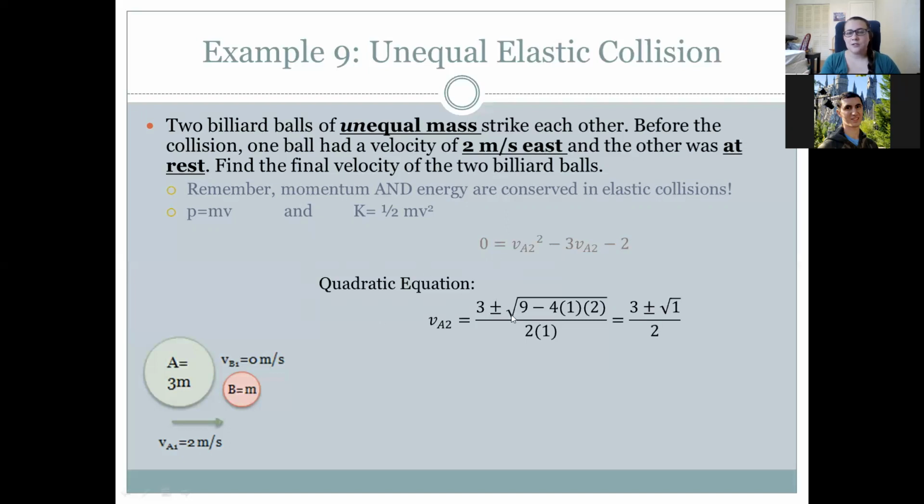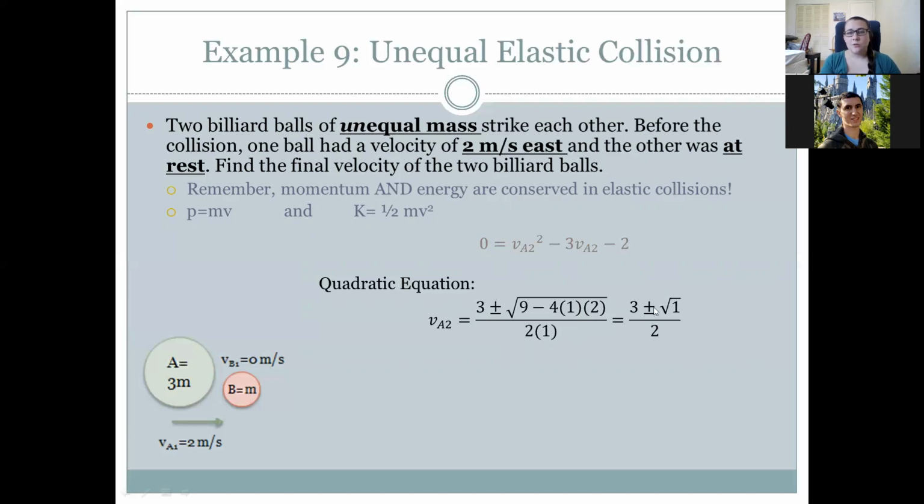So when we plug those into our quadratic equation, we get the opposite of b, which is positive 3, plus or minus the square root of b squared, so negative 3 squared is 9, minus 4 times a, the coefficient of this is 1, times c, which I have corrected here, so that's good, which is 2, divided by 2 times our coefficient of the squared term, which is 1.